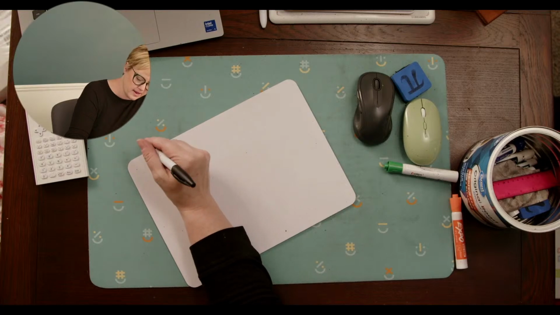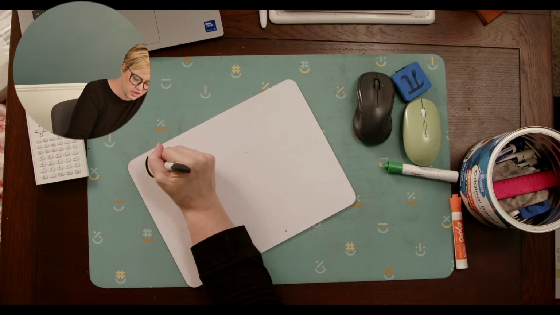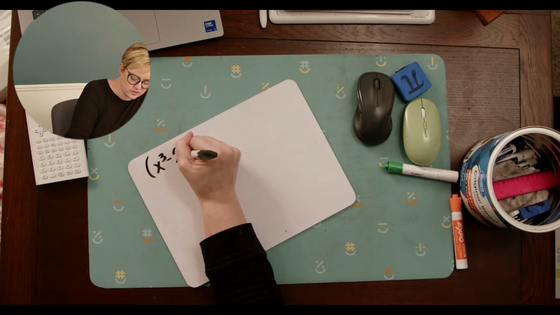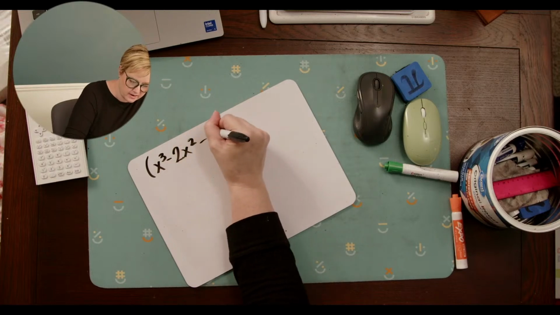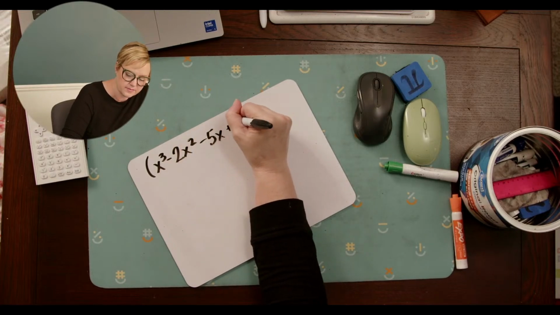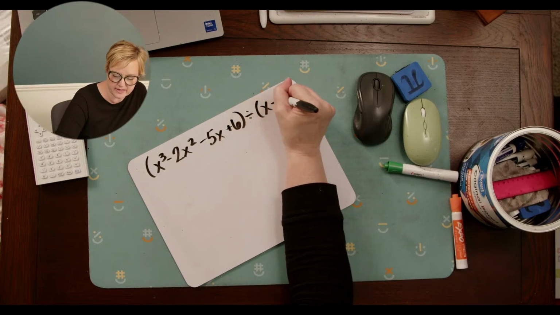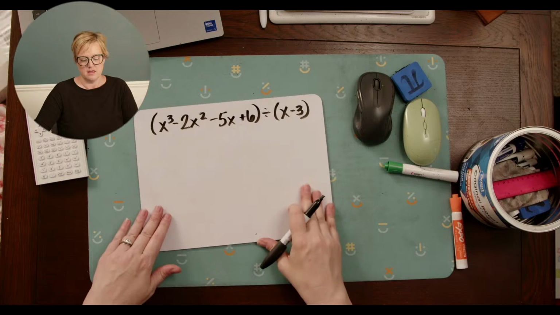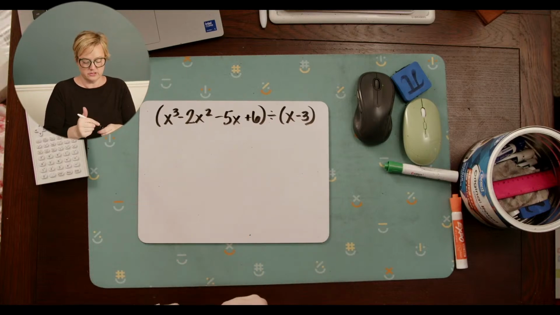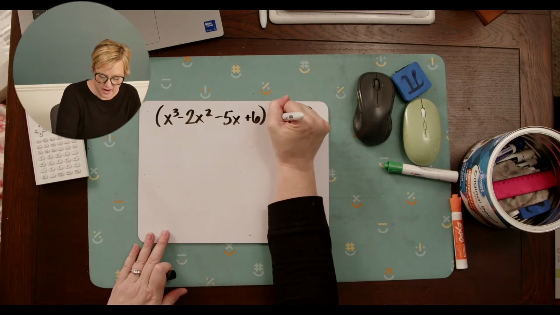So this one, we've got x cubed minus 2x squared, oh, this might have been the same one that I did a couple weeks ago. That's okay. Plus 6 divided by x minus 3. Okay. So there's a few different applications that you might use this.